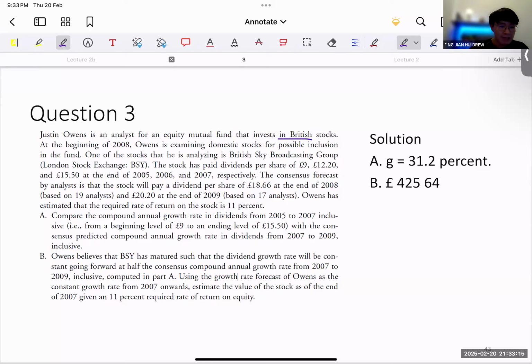The stock has paid dividends per share of 9, 12.2, and this at the end of these 3 years. The consensus forecast from analysts is that the stock will pay dividends per share of this at the end of 2028, and this in 2029. Required rate of return is 11%.